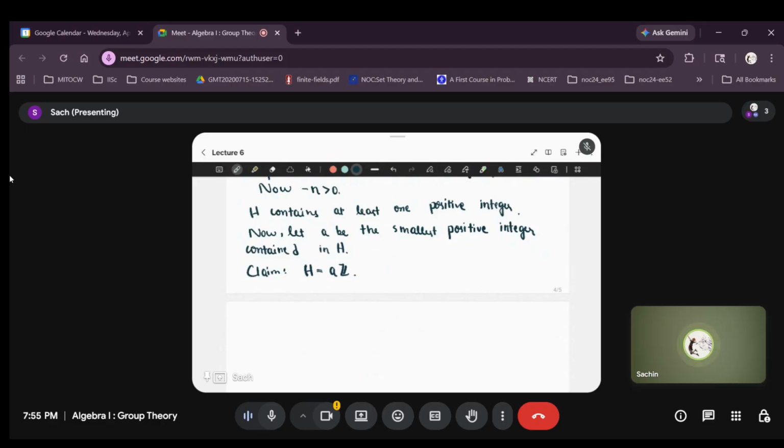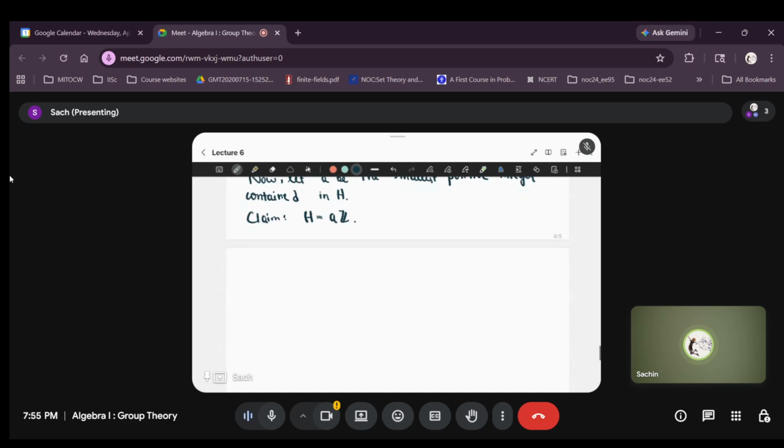Now we have to prove that. And when we want to prove two sets are equal, the most common way is, if we want to show A is equal to B, we show that A is a subset of B and B is a subset of A. Then that is only possible if A is equal to B. One side is very easy.